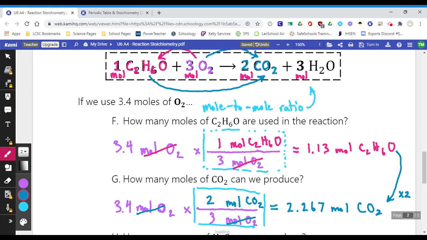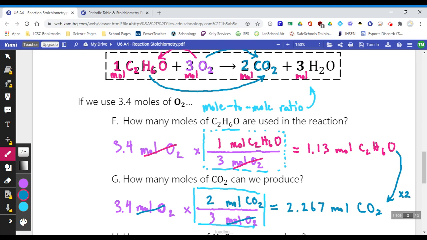We can go and convert between moles of O2 to moles of CO2. We can go from moles of C2H6O to CO2. We can go from CO2 back to C2H6O. Okay, so the other point I wanted to make is we can go from a reactant and figure out how much product we're going to make, which is pretty common. If I start with this much C2H6O, how much CO2 can I make out of this reaction?